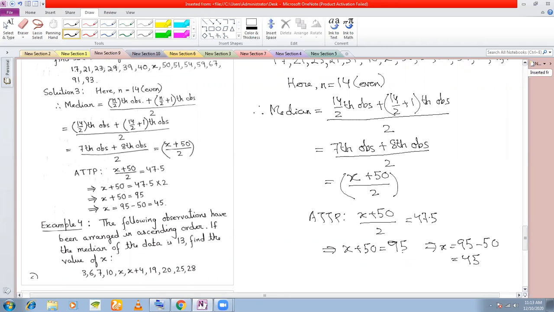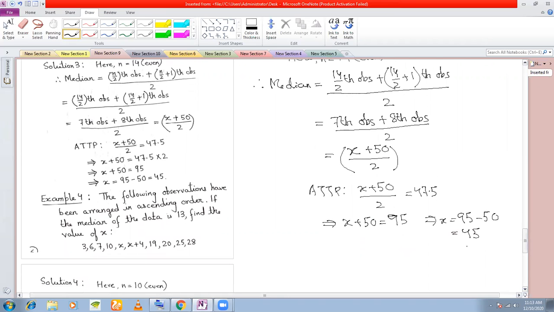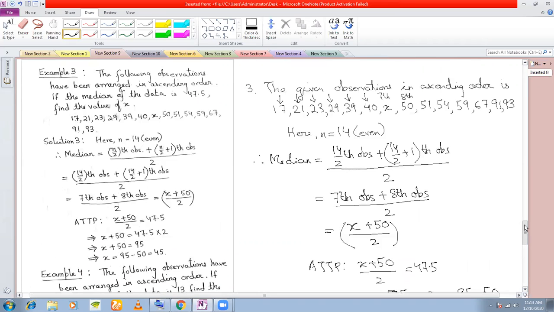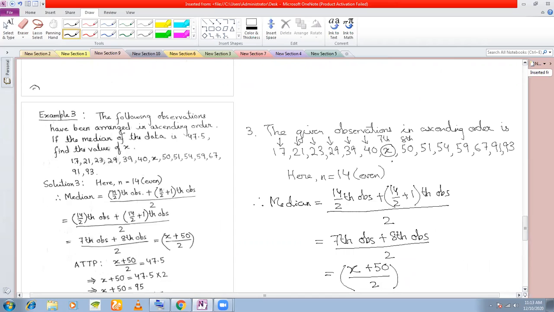So this type of problem is also given. Sometimes, after finding x, you are required to find the mean of the observations. You have found x to be 45. Now you can add up all the observations and divide by 14.